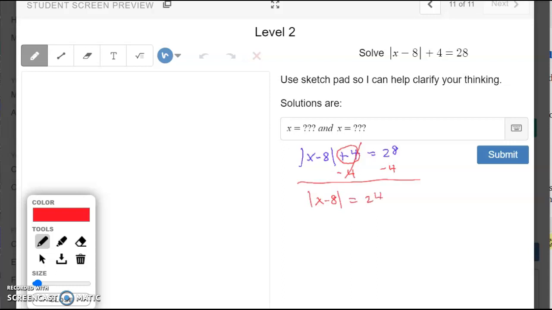Now that I've isolated the absolute value symbol on one side with a number on the other side, I can separate it into two different branches. One's going to be the positive version, one's going to be the negative version. And as you do that, that's when you get rid of the absolute value symbol, because you are taking into account that one could be positive and one could be negative.